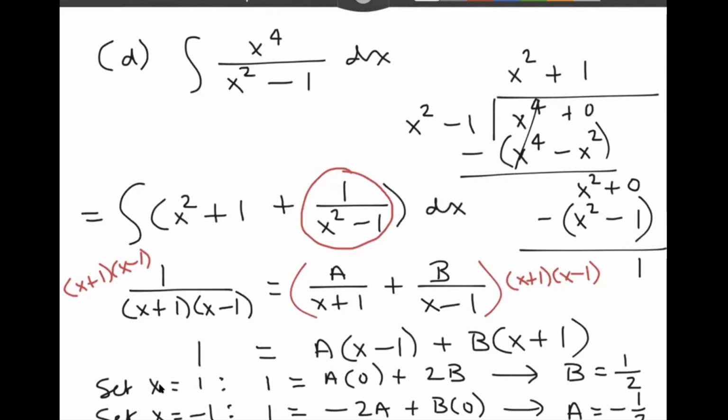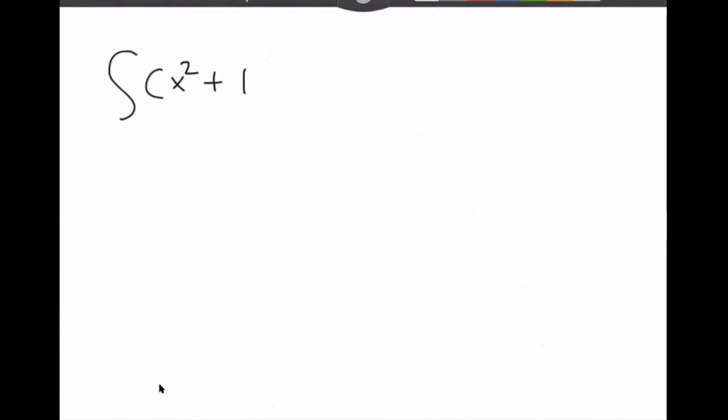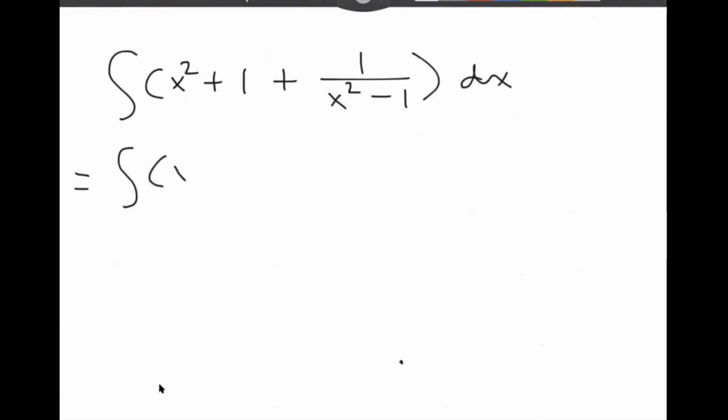All right, so picking up with this integral right here, let's just copy that over. We have integral x squared plus 1 plus 1 over x squared minus 1. That becomes integral x squared plus 1.